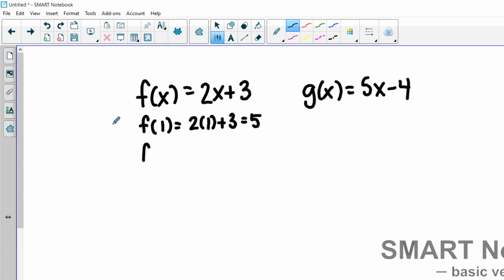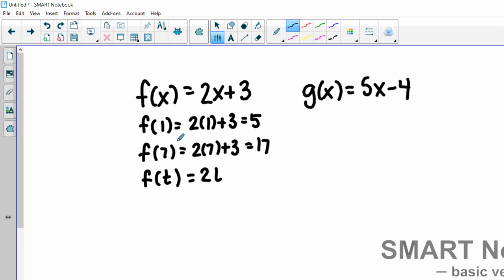Or if I want to find f of 7, I take 2 times 7 plus 3, which is 17. Or in another video I made, I said if I want to find f of t or f of p or f of something else, then I replace the x with that something else.